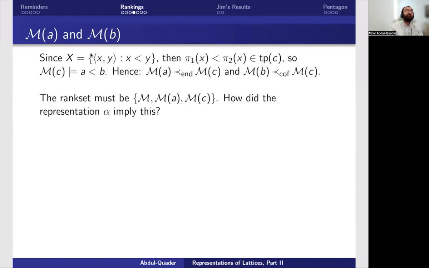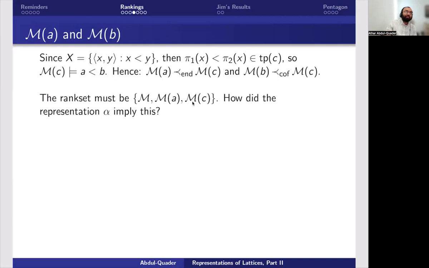This is a true statement about every element of the set X, and so this is in the type that we defined, and therefore m of C will think that A is less than B. And that right away tells you that m of C has to be an end extension of m of A, and m of B has to be cofinal. Okay. So that tells us the rank set has to be m, m of A, and m of C. Right?